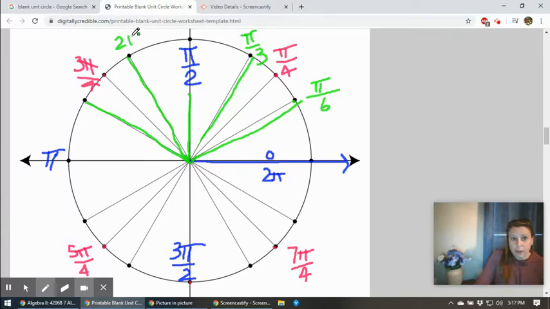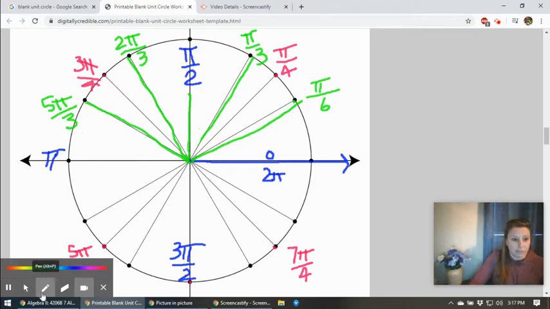So 2 pi over 3. Then this is 5/6, which doesn't reduce. So 5 pi over 6. Whoops, erase. 5 pi over 6.